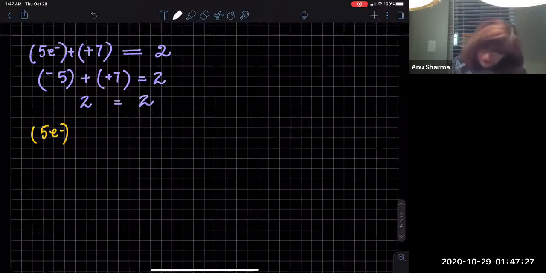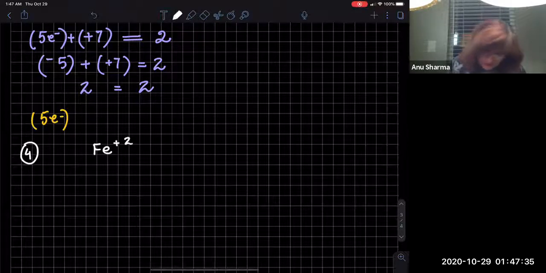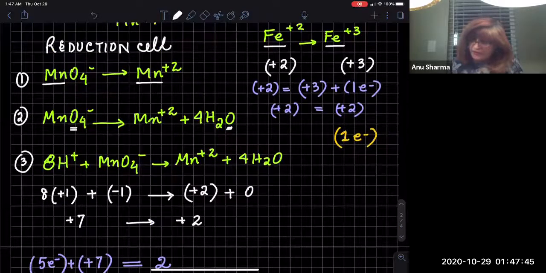So here we have iron with its plus 2 charge, giving you iron plus 3 charge, and you have 1 electron here. This is the 1 electron that was added.